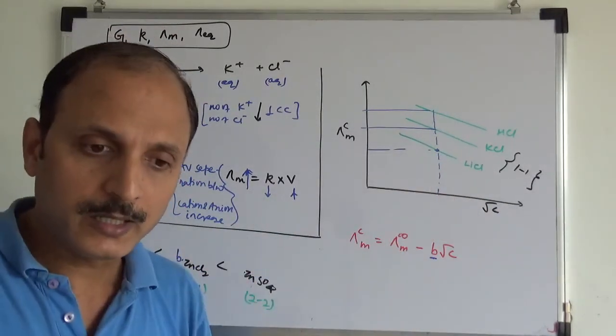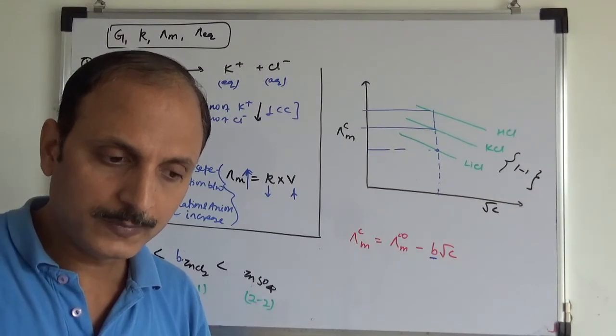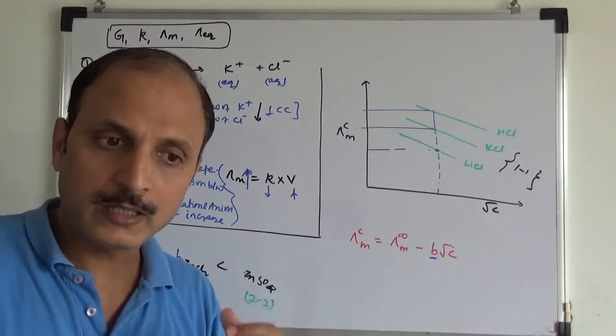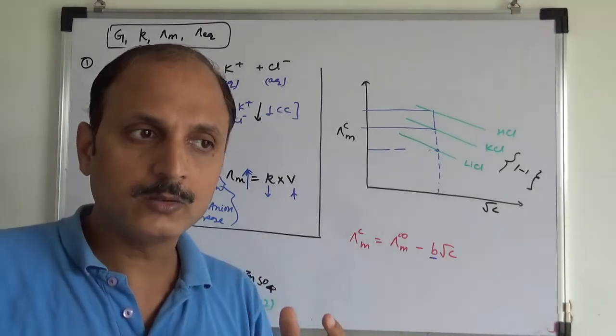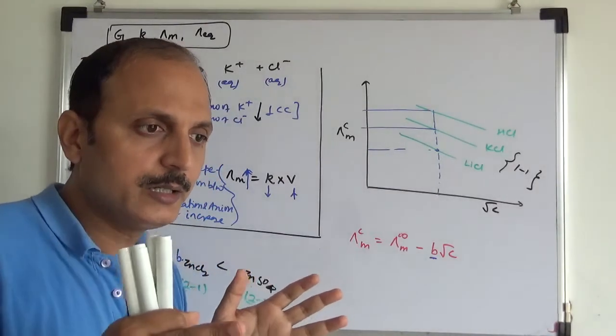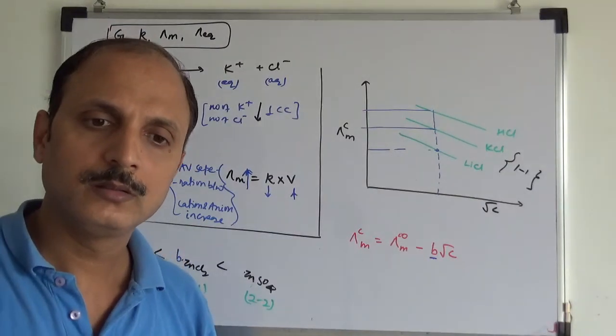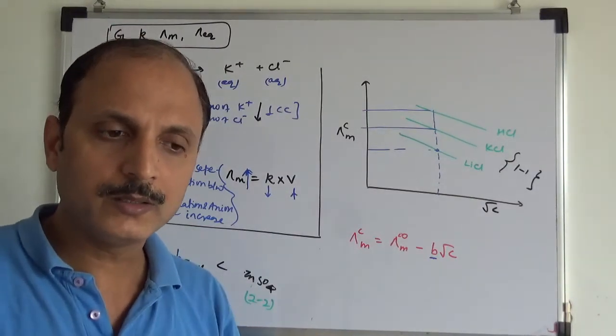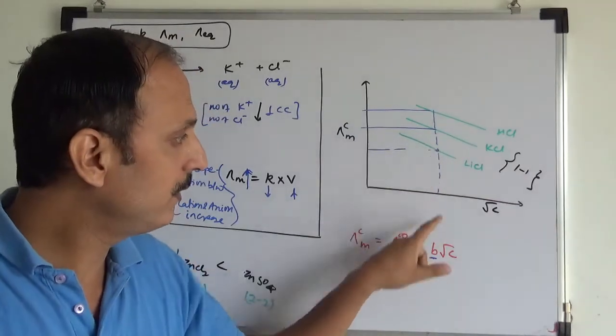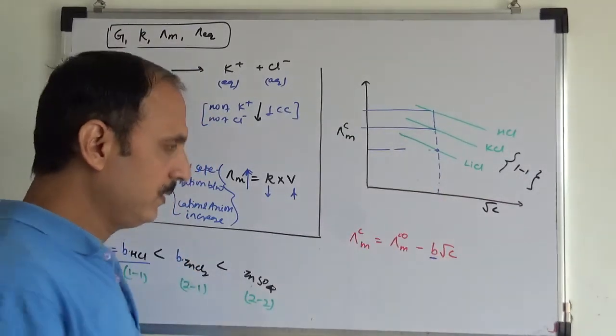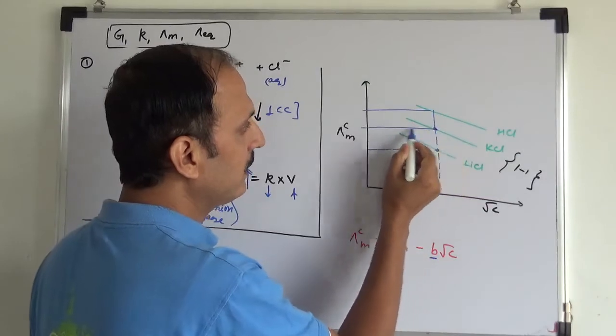K plus का size बढ़ा है, तो the electrostatic attraction between K plus and Cl minus is going to decrease. So that's why for the same concentration, its conductance is more.